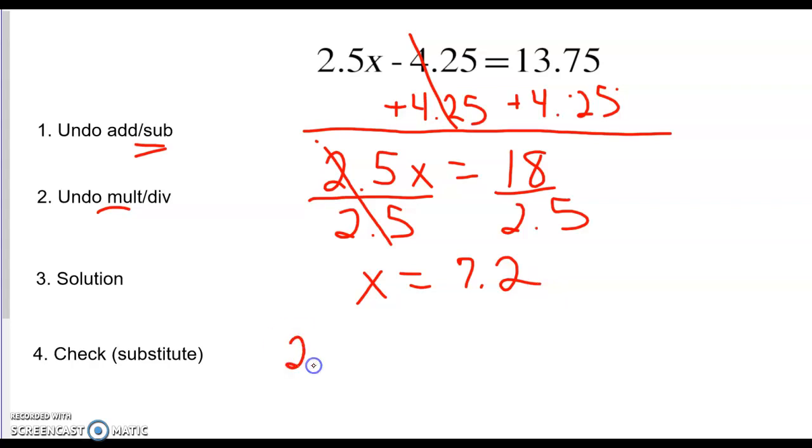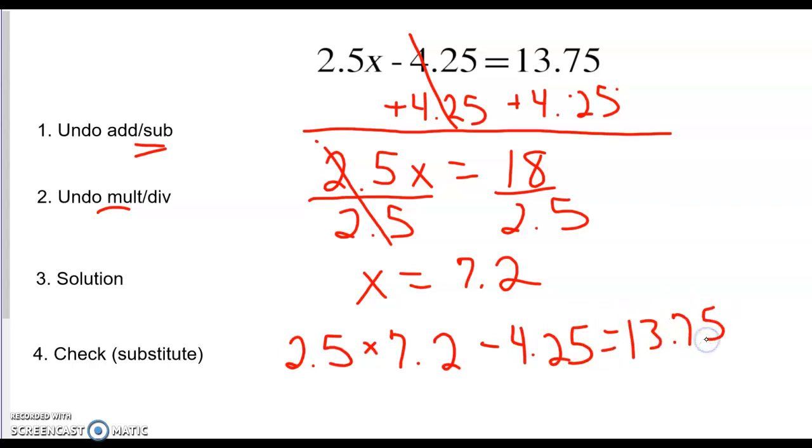So I'm going to substitute it back in. 2.5 times, I'm going to use that symbol this time, 7.2 minus 4.25, all these decimals, equals 13.75. I want to make sure that that is true.